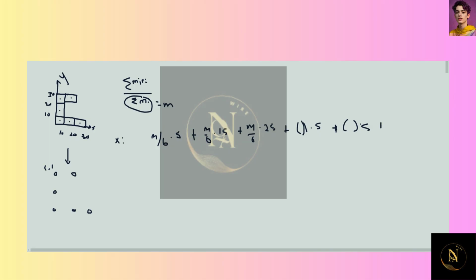The last mass is going to be, so this is 10, so that's 15 over here. The x is now 15, so that's going to be the mass times 15. These are in centimeters.